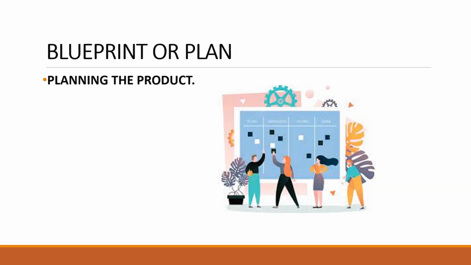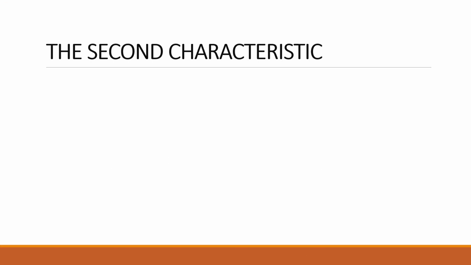All of these are related to planning. When the product is planned inside a factory, a lot of issues will come, and those must be tackled. That is the product blueprint or the plan of the product.